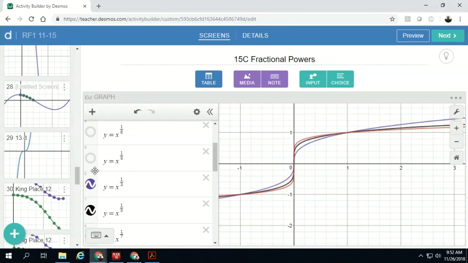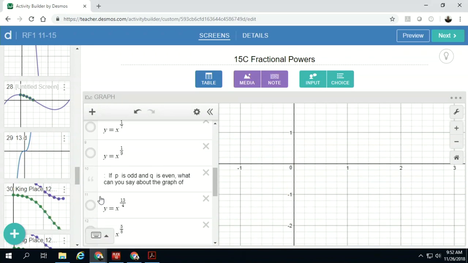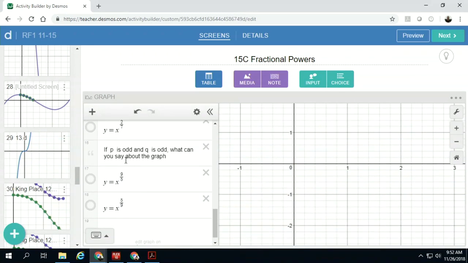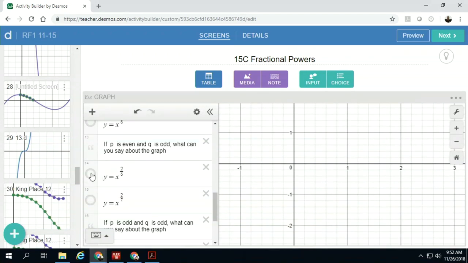I have to turn these off first. Here we go. Here's an even over an odd: 2 over 5. I'm going to make this one 8 over 7, just so that the bigger number is on top.